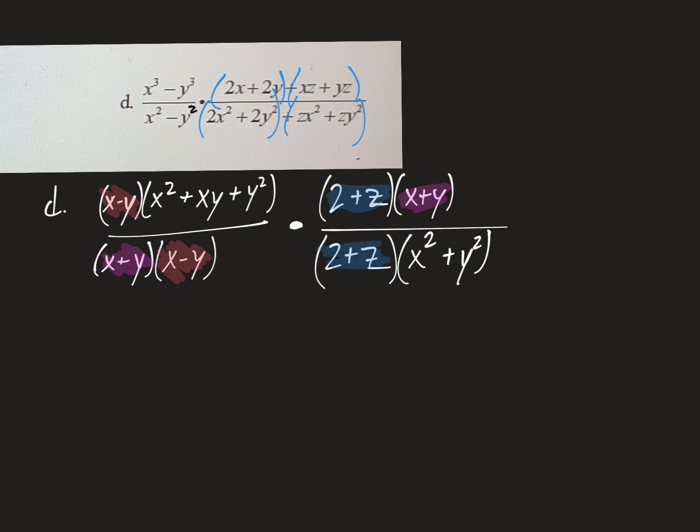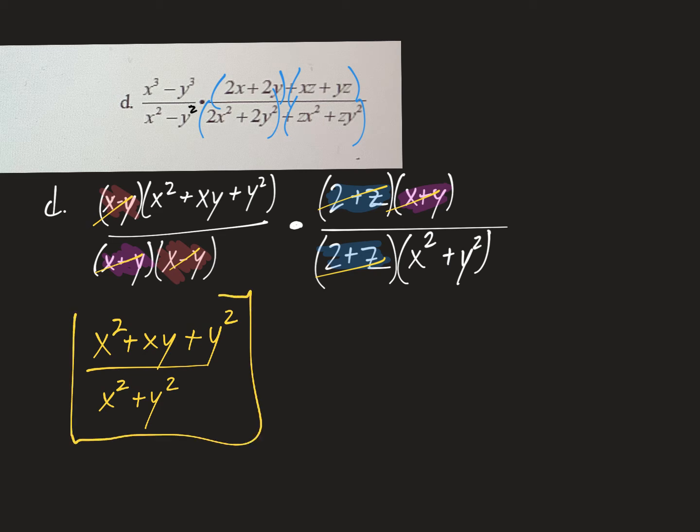So if we take all of those terms and we cancel them, we are left with x squared plus xy plus y squared in the numerator and x squared plus y squared in the denominator. Now, that does not reduce any further. The top is not factorable, even though it looks like a quadratic. And so we can just box this up and be done.